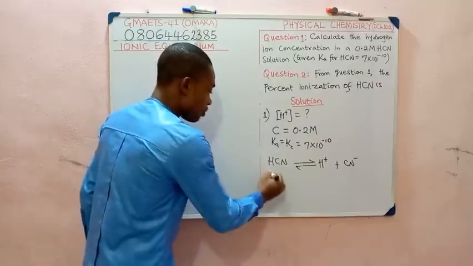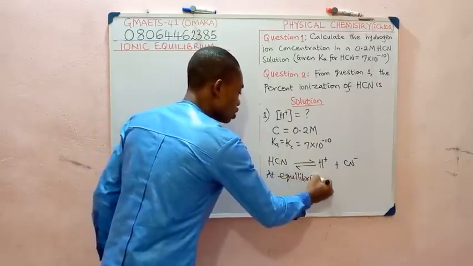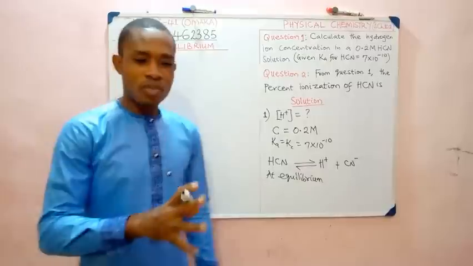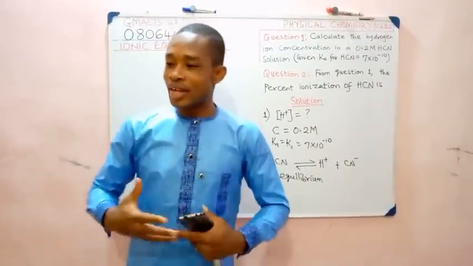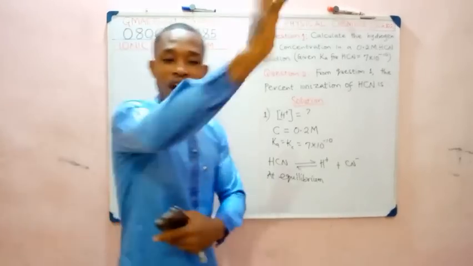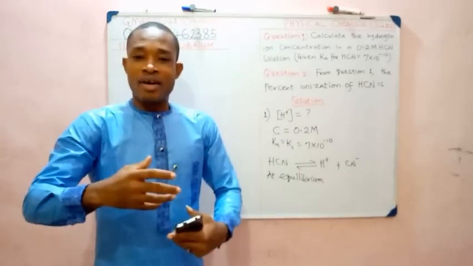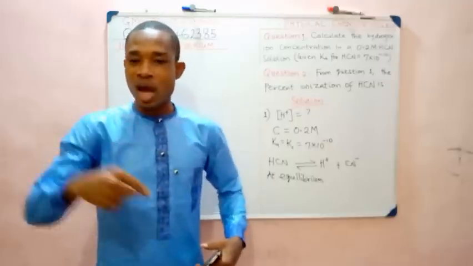Now, we already established that at equilibrium we have what we call equilibrium concentration. And we said that if you have the electrolyte and the concentration of the electrolyte is C, at equilibrium it will give out a part of it. That part that will be lost is C alpha. So it's going to be C minus C alpha.